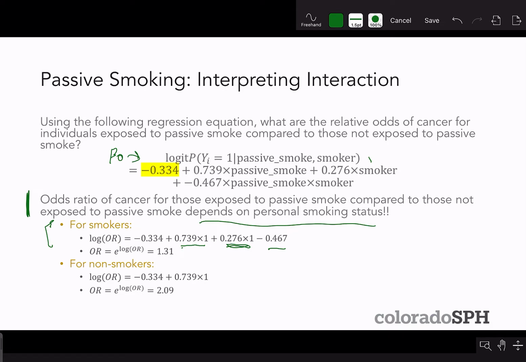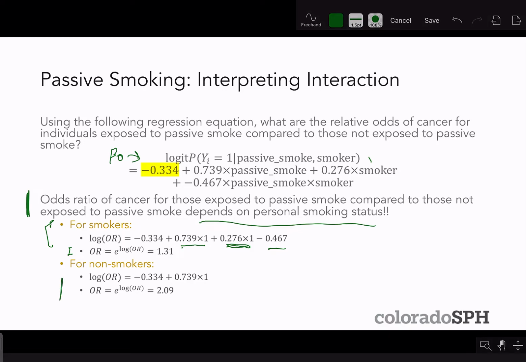And it's multiplying by 1 because these are both indicator variables. X1 and X2 are both indicator variables. If that was a continuous covariate, then instead you would plug in the value of that covariate for the person whose odds ratio you're trying to calculate. And then you just exponentiate that value to get the odds ratio.